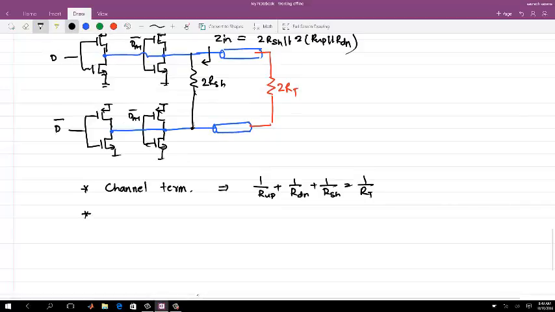The other thing I want is that my current consumption should be independent of the output swing, because I do not want any supply ripple. So that is d I supply by d V out should be equal to 0.